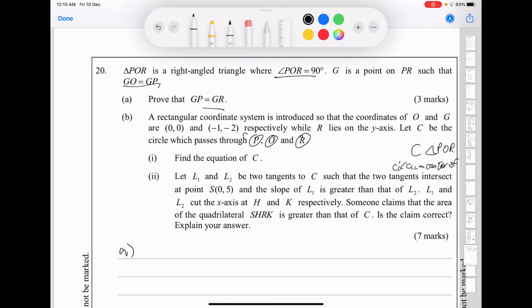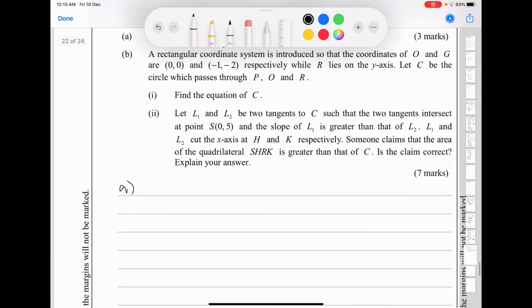If it were tangent to these 3 sides, it would be the incircle, but this is out of question for now. And also, from the above, we know that G is actually the circumcenter of the triangle. So the remaining work will become easy.